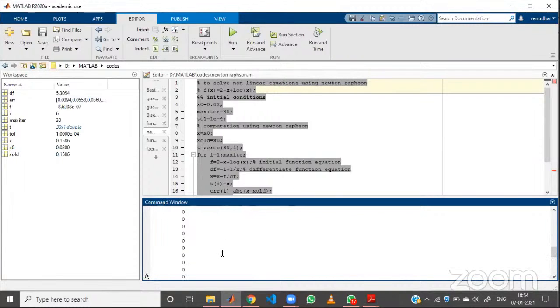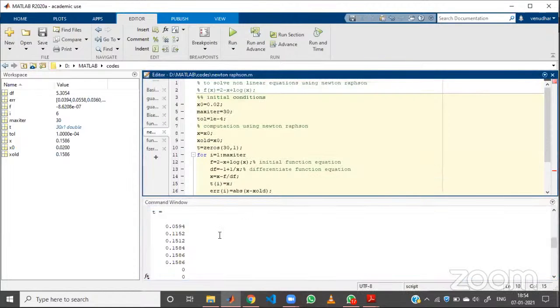T, C. Up to how many iterations did the loop execute? 1, 2, 3, 4, 5, 6. Up to 6 iterations, up to the sixth value of i, we have executed this code. Okay. So Newton-Raphson is done. This is Newton-Raphson.